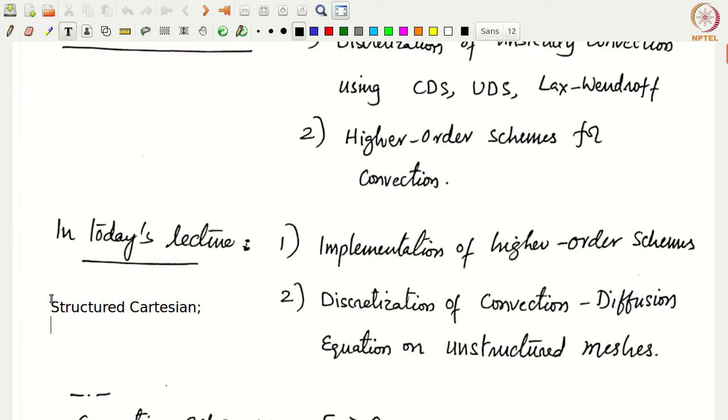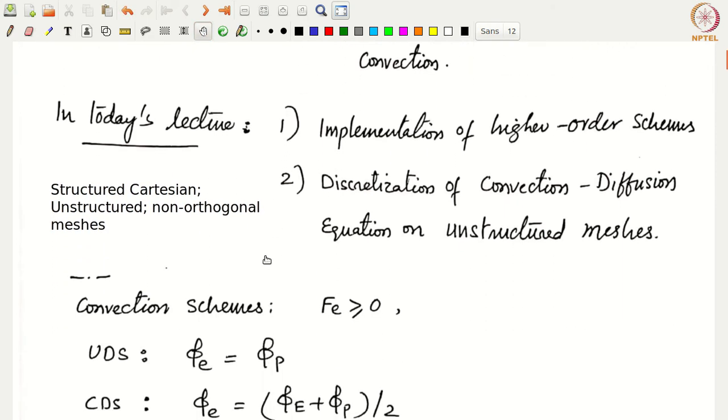So today we're going to look at unstructured and essentially non-orthogonal meshes. Depending on the time, we will also look at how we can extend these higher order schemes to unstructured meshes. That is something we have of course not done. So these are the topics for today's discussion. So let us get started.